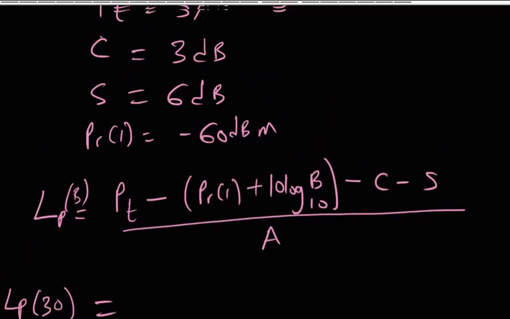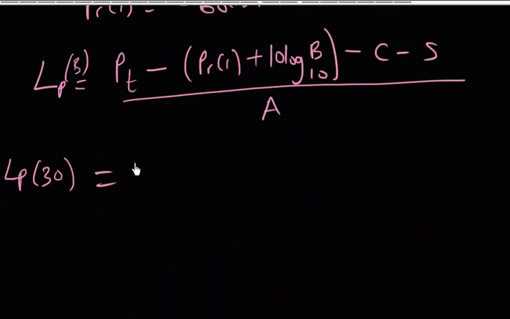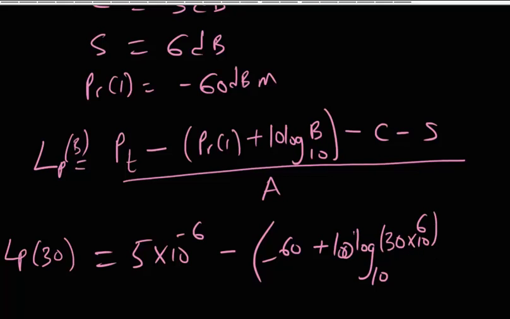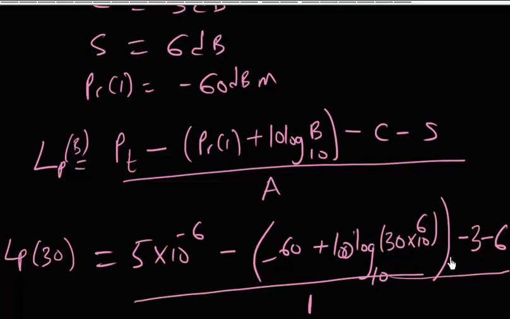Transmitted power is 5 times 10 to the power minus 6, minus received power of 1, which is minus 60, plus 10 log B, which is 30 times 10 to the power 6, minus 3 minus 6, divided by 1.